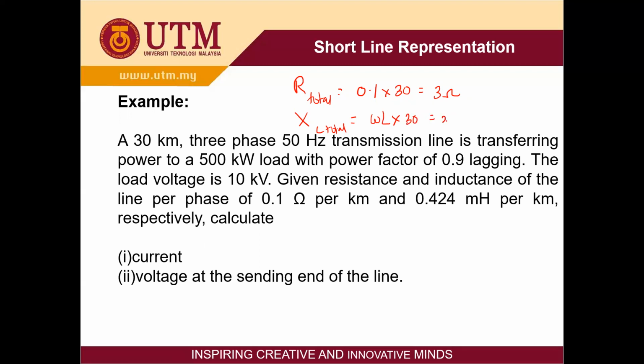So this should be 2 pi multiplied with 50 hertz multiplied with 0.424 millihenry multiplied with 30 kilometers. Then your Z total is equal to R total plus jX_L total.